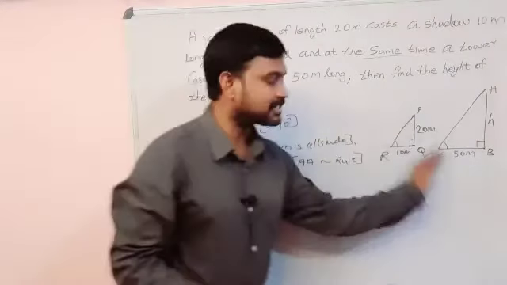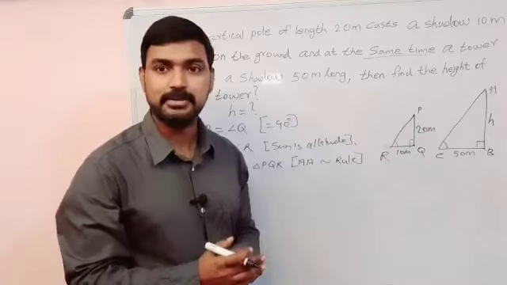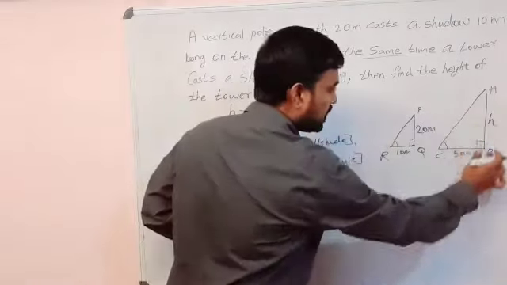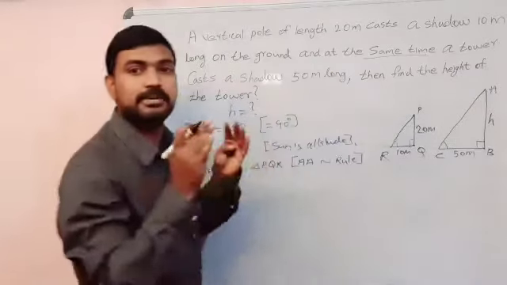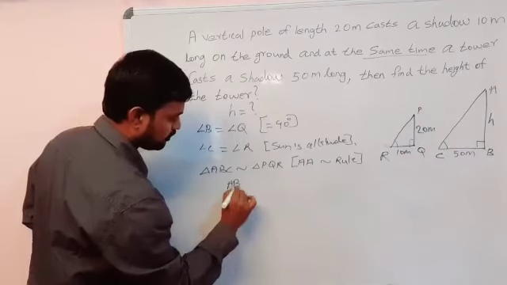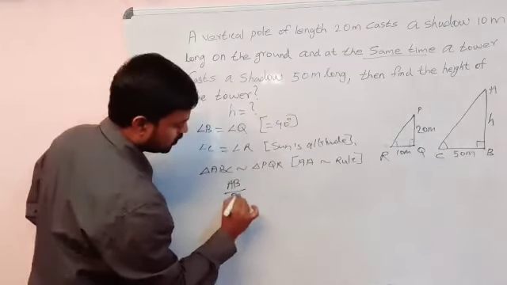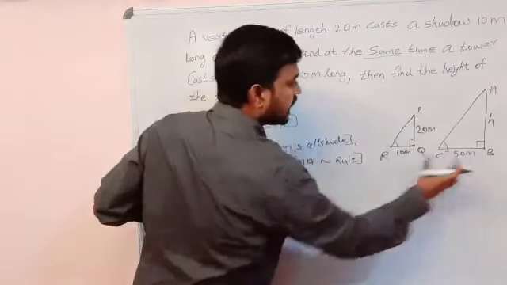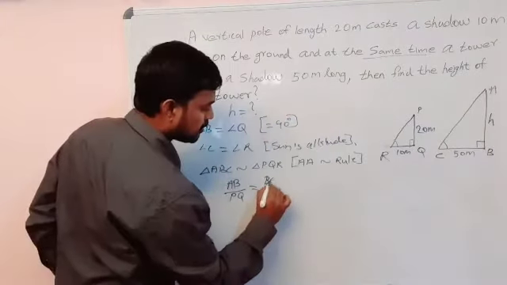If the corresponding sides are proportional or in the same ratio, both are the same. So what is the ratio here? This is AB, this is PQ. Ratio means division. So we are writing AB by PQ is equal to the next corresponding side, BC by QR.